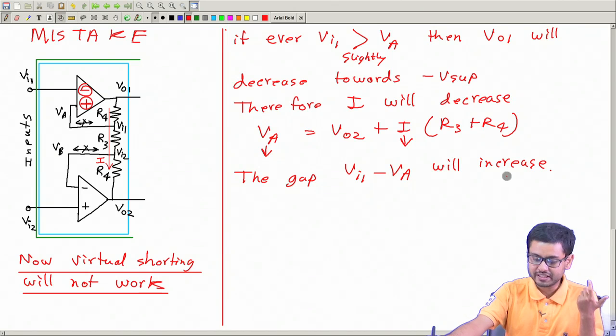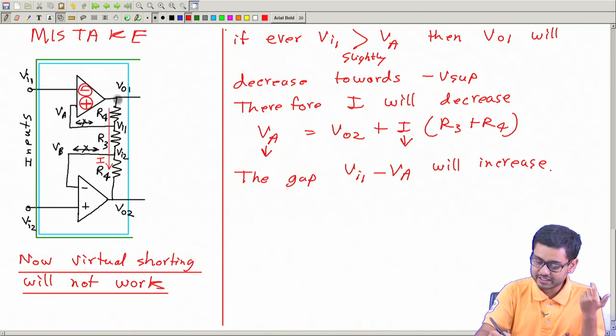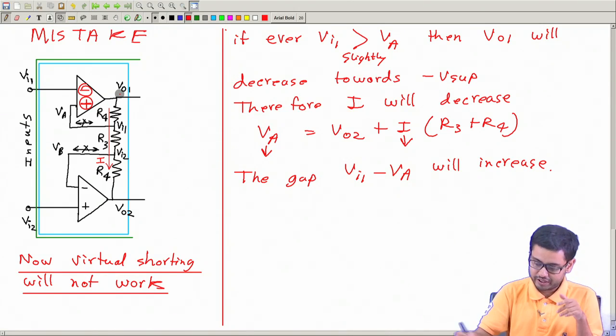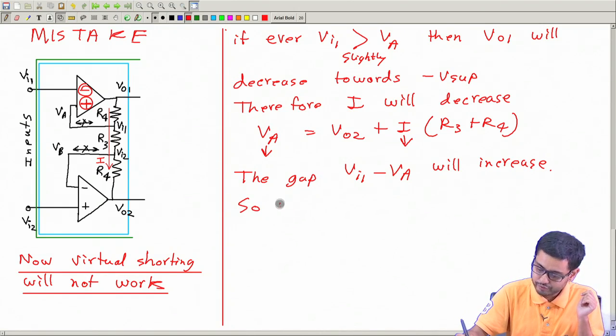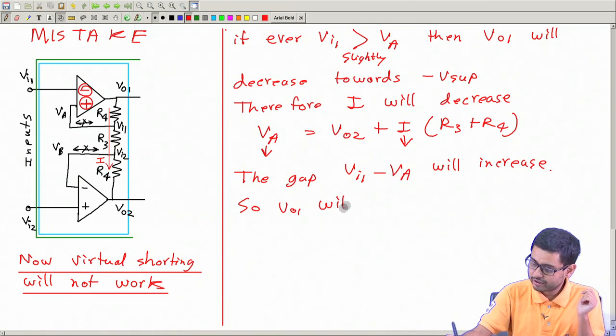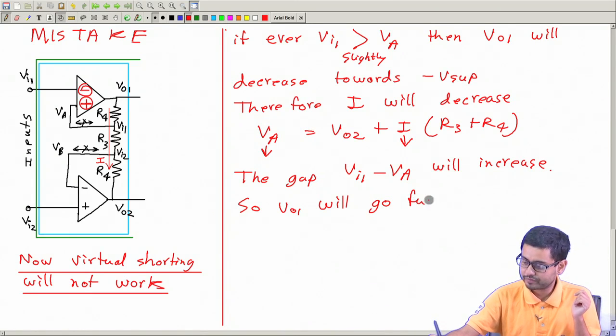So this gap will increase. And if this gap is increasing, then VO1 will go further down.